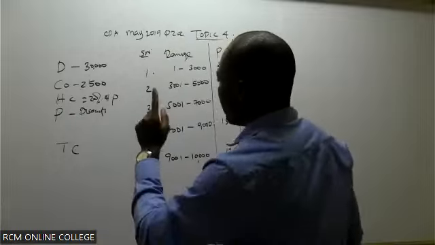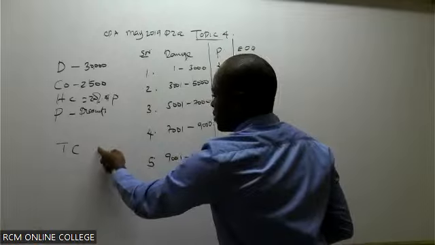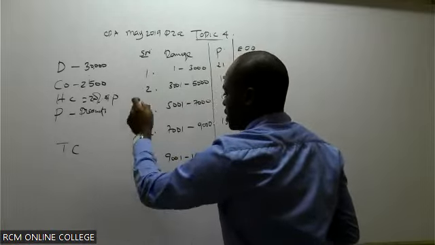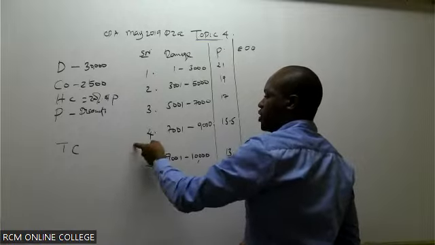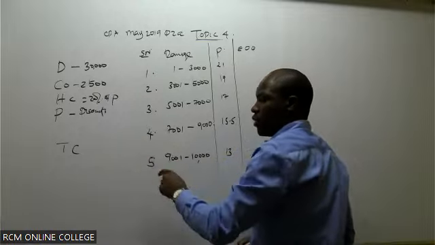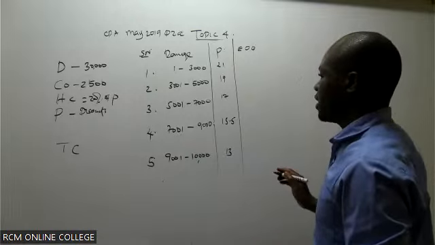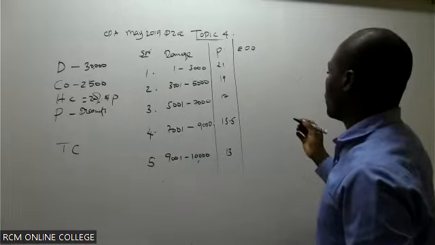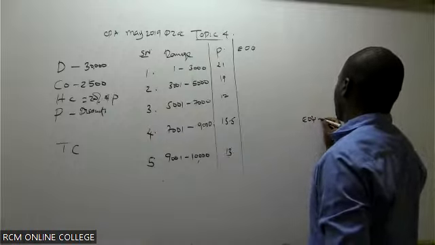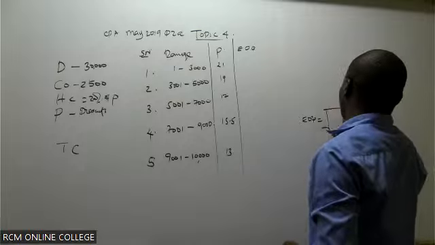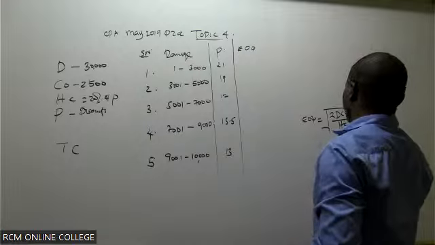Now that we have the purchase price, remember our total cost must include demand times purchase price, plus number of orders multiplied by ordering cost, plus quantity divided by 2 multiplied by holding cost. That's what we are going to do. We've not forgotten the formula. Economic order quantity is equivalent to root of 2DCO over XC.